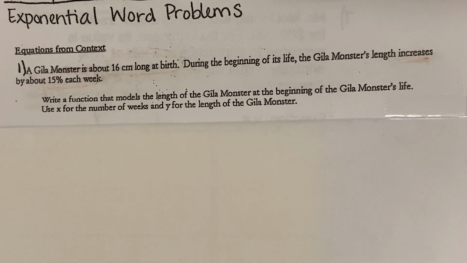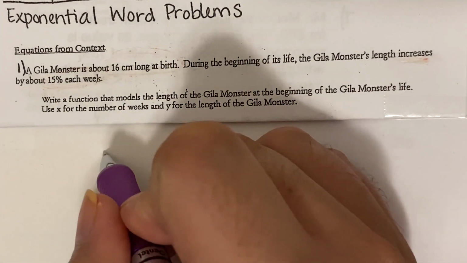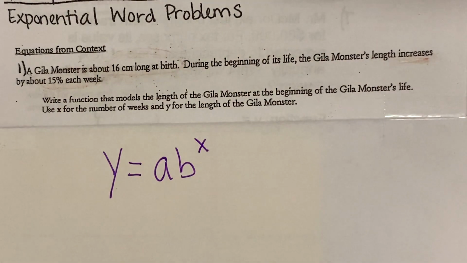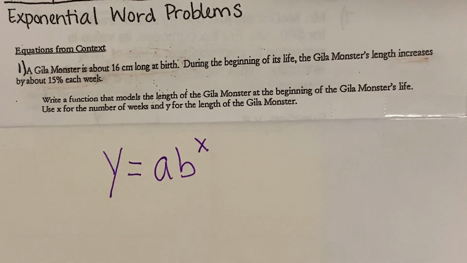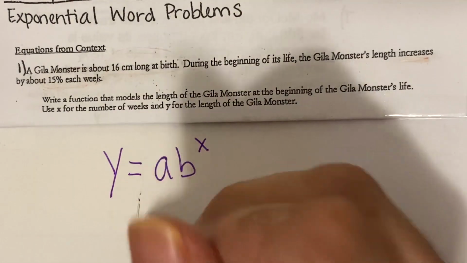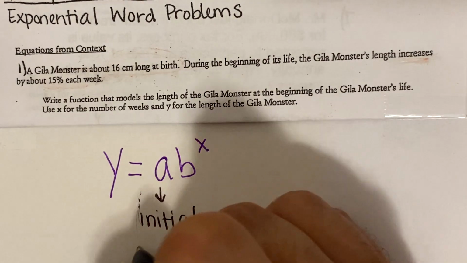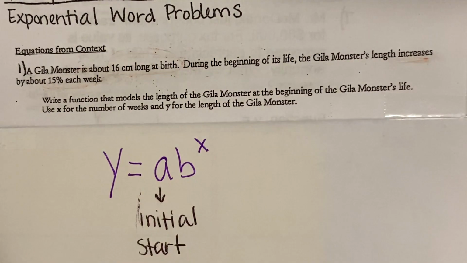So this is our first example. Before we start, just a reminder of what an exponential function looks like. It's always y equals ab to the power of x, where a is your initial value. We also call it the start.